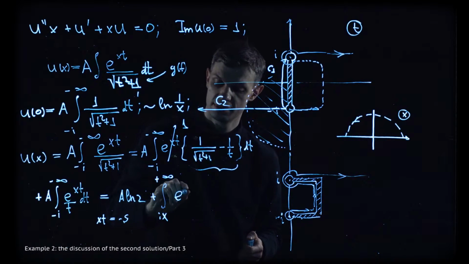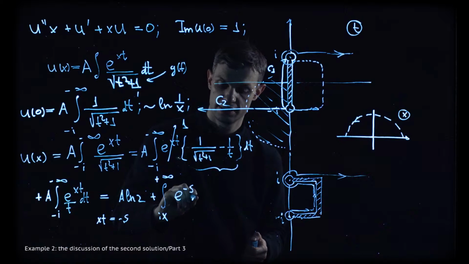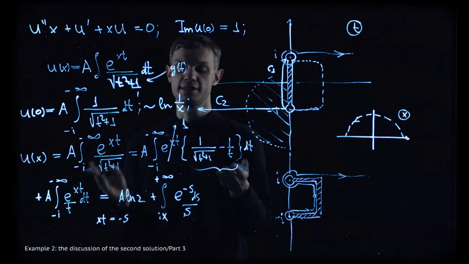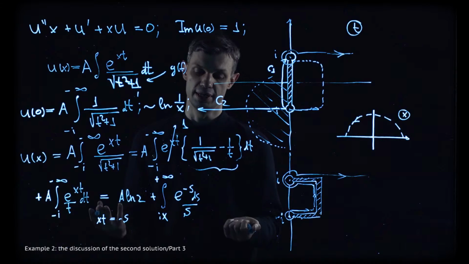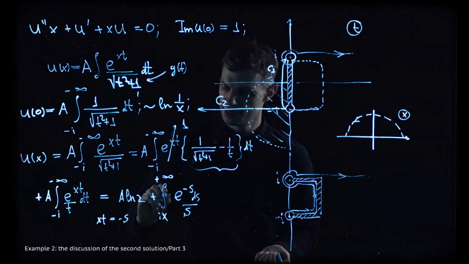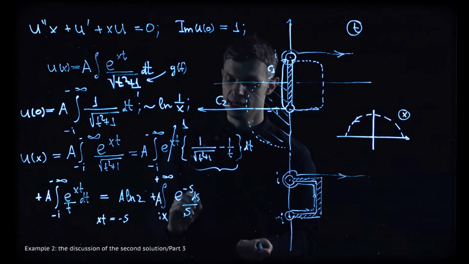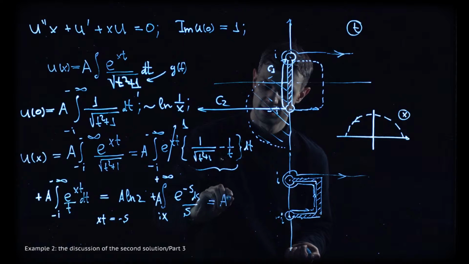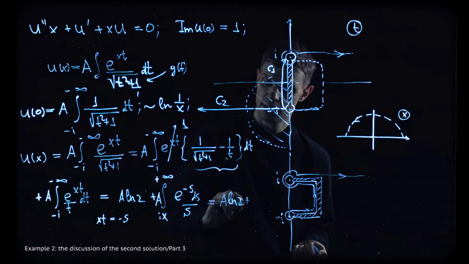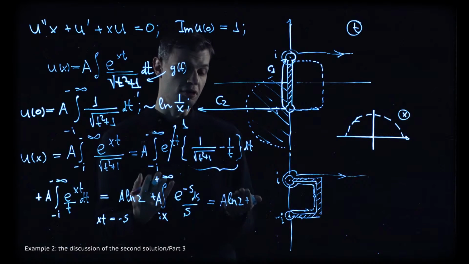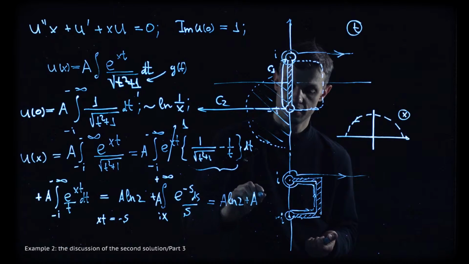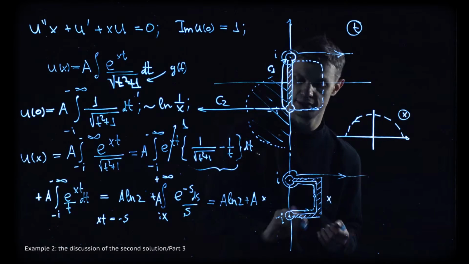And here you have e to minus s ds over s. And this integral is easily estimated by simple integration by parts. So what you do, sorry, I dropped a here. But anyway, you just represent 1 over s as the derivative of the log of s.